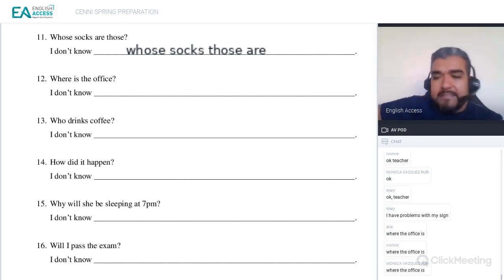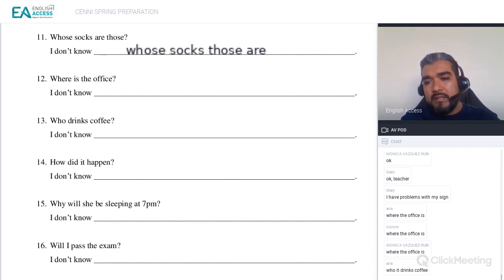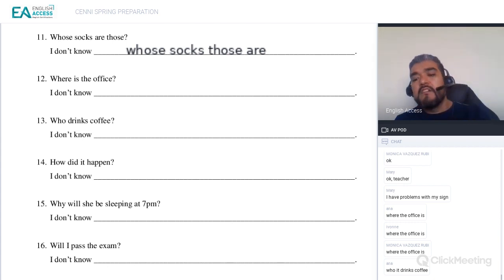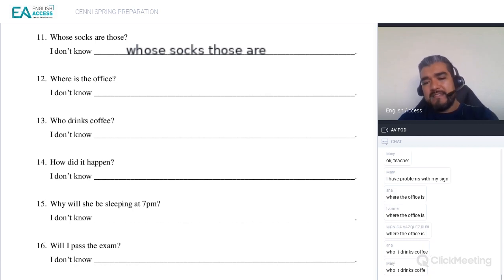Number 13 is the same example as in the previous one about the post office. You remember? It's the same. Yes. Who drinks coffee? Yes.